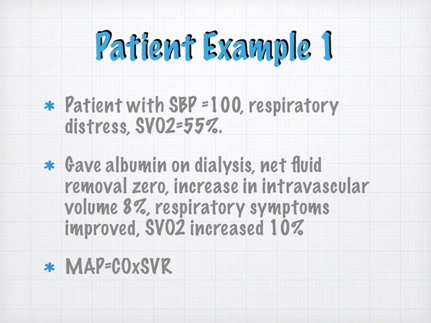Her blood pressure came up, and her respiratory symptoms resolved, and her SVO2 increased by 10%. So she had a net change of fluid balance of 0, but she had more intravascular volume because of the albumin. So her I/Os and her weight didn't change at all, but she was dramatically improved.